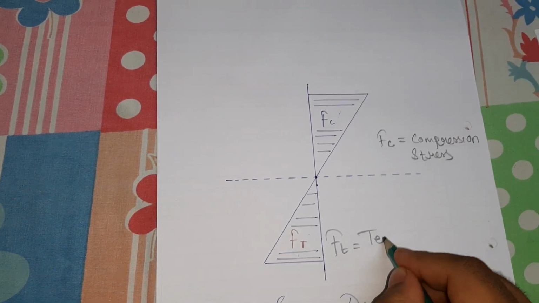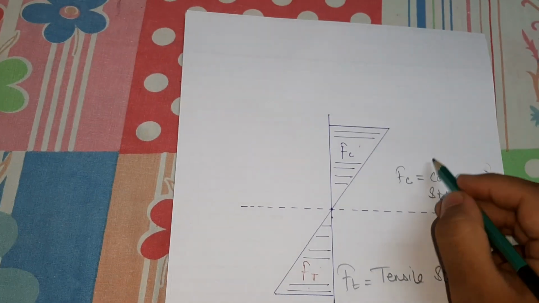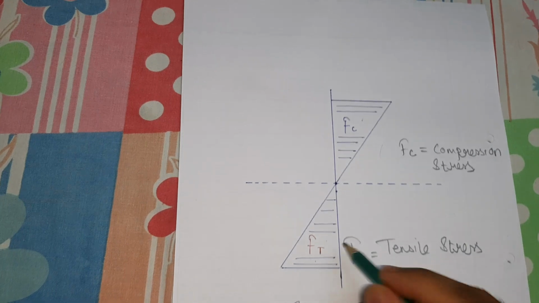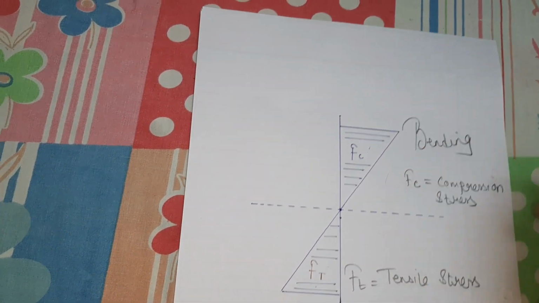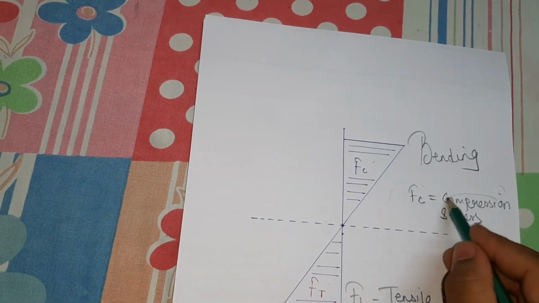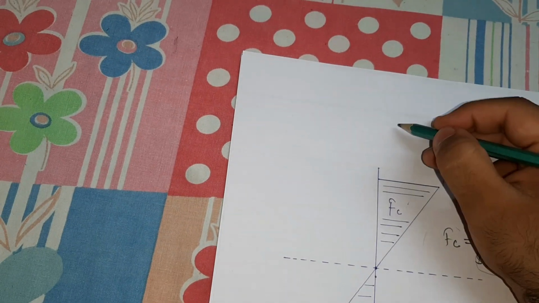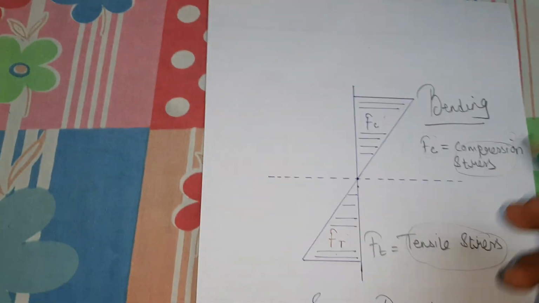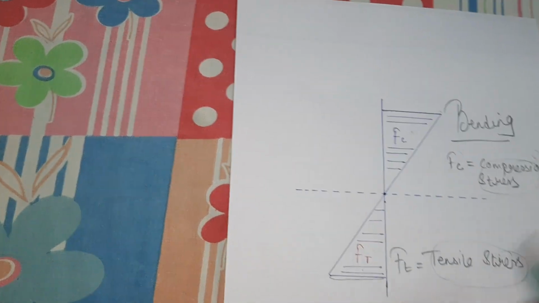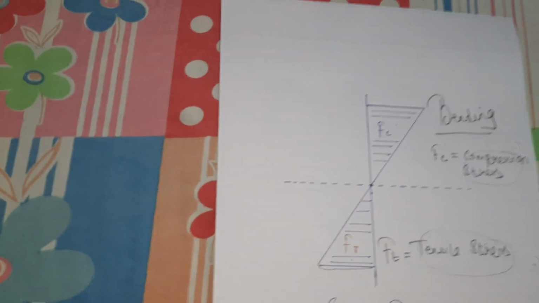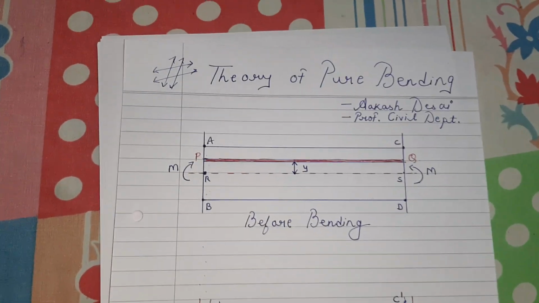Ft is tensile stress. But both these stresses are due to bending. So compression stress and tensile stress are together known as bending stress.